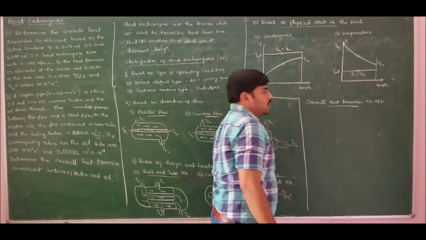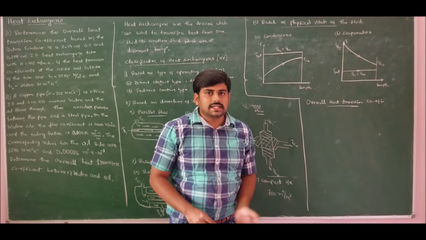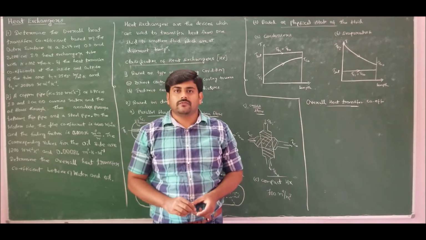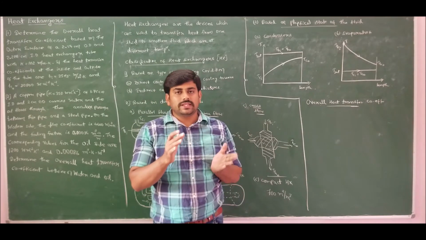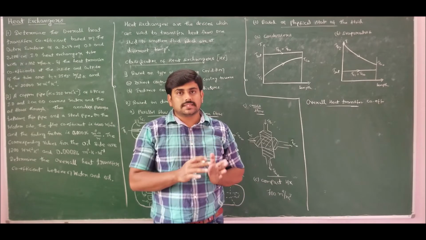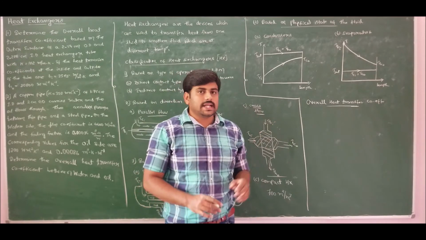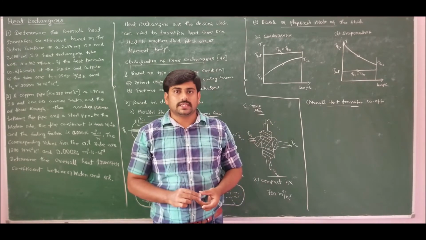The concept of overall heat transfer coefficient I have clearly discussed in our module 1 itself, if you remember. Whenever heat transfer takes place from fluid to fluid with the intervention of metal resistance, we make use of overall heat transfer coefficient to determine the rate of heat transfer.